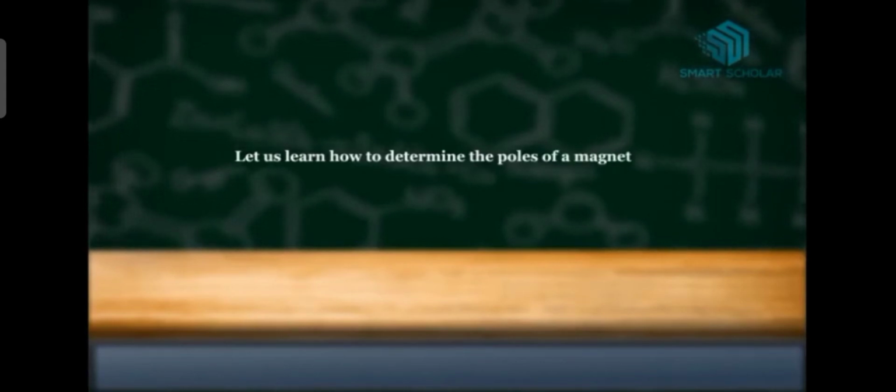That's the reason why more iron filings are attracted at the ends. So these are known as poles. There are two poles. So these are the poles of a magnet.